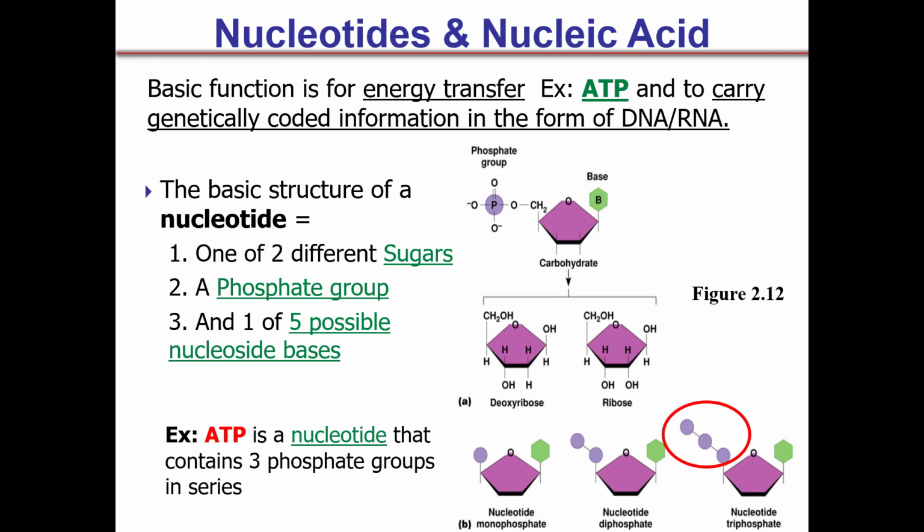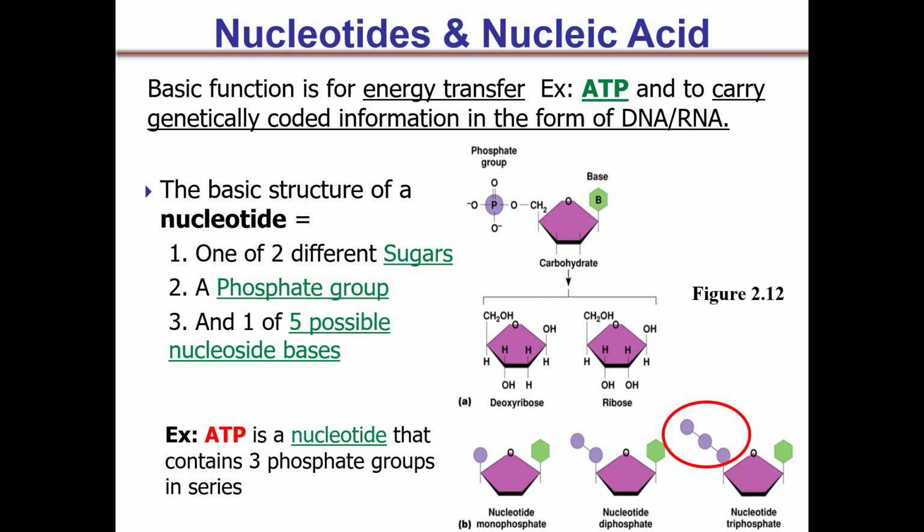So they have a basic structure. They have a phosphate group, which we saw with our phospholipids, and they have that 5-carbon sugar that looks like a house or a pentagon, and then one of 4 bases. If you're talking about DNA and RNA and ATP, they usually have 4 different bases: adenine, guanine, cytosine, and thymine.